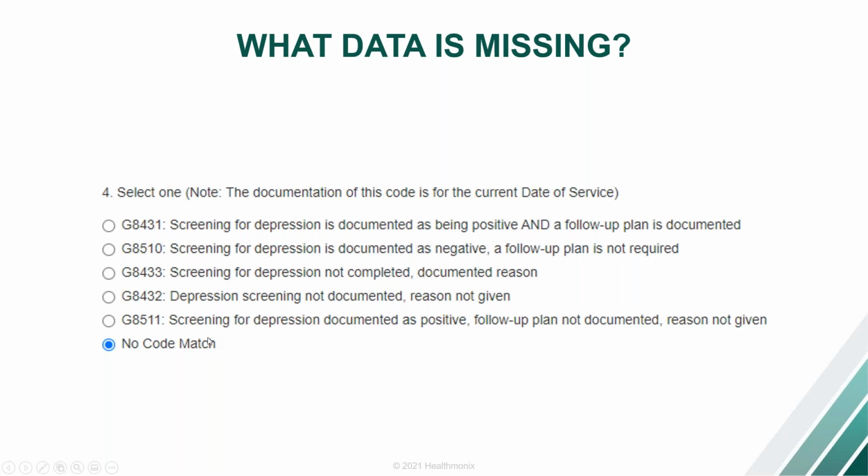They handwrote it on a paper note, or many different reasons why it was missed, or it was in another visit, which in measures like this, we can look back in our system and give you credit for. So what you see here are all the different options you can have for the depression screening, as well as your met, not met, and excluded for each one of these.